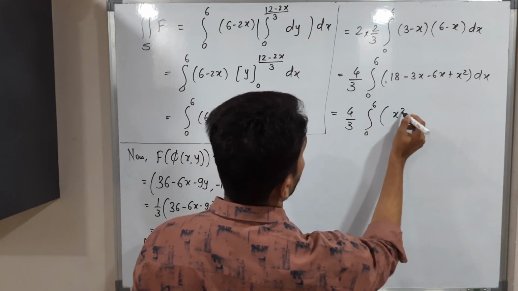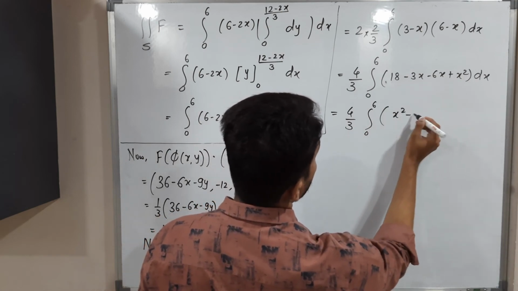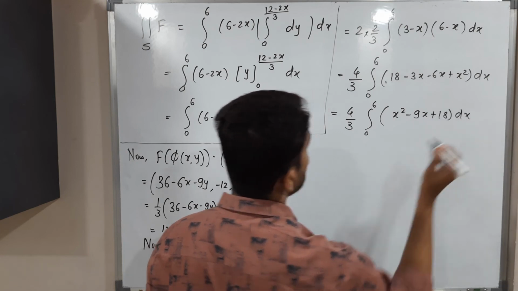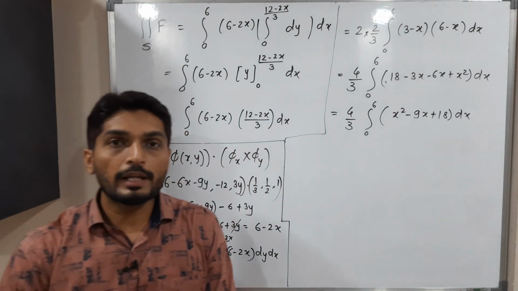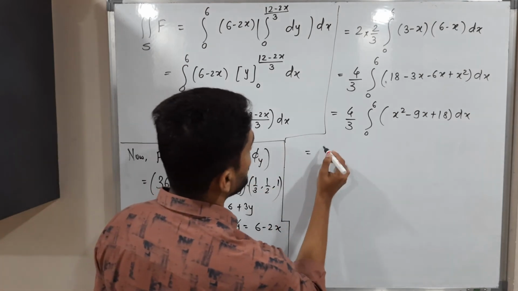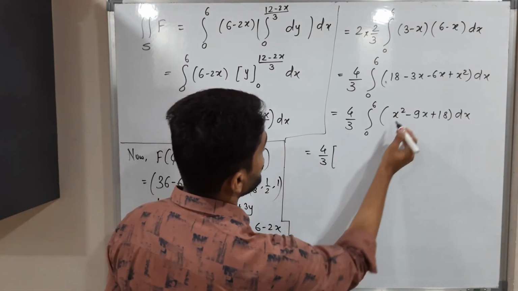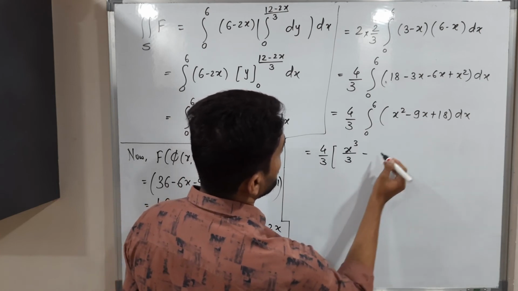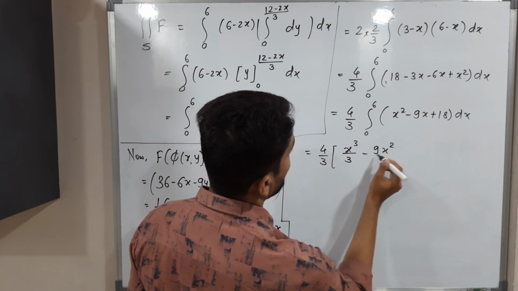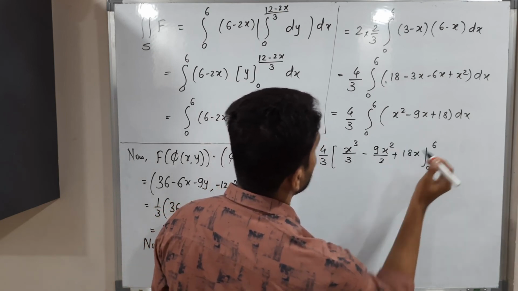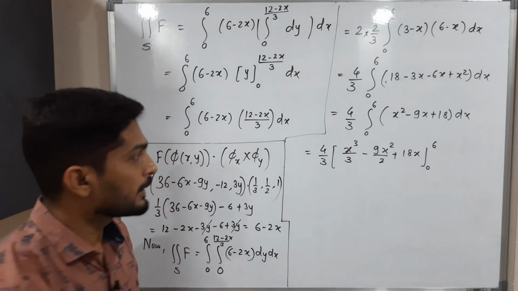We have x square, okay, minus 3 minus 6x minus 9x plus 18 dx. Now it is looking simple. So what will I do? I will integrate, okay. Addition, subtraction is there, we can take separate integration. Integration of x square is x cube by 3. Its integration will be 9x square by 2, and it will be 18x 0 to 6.